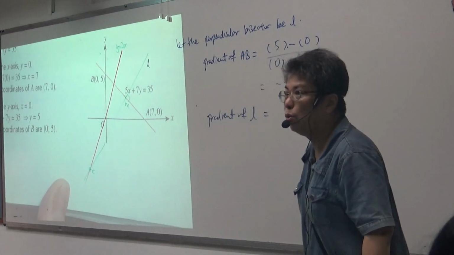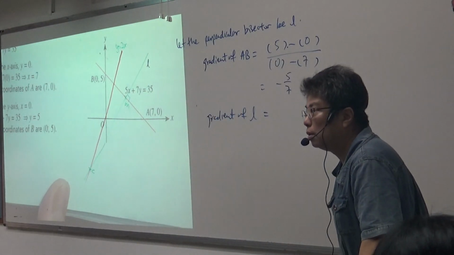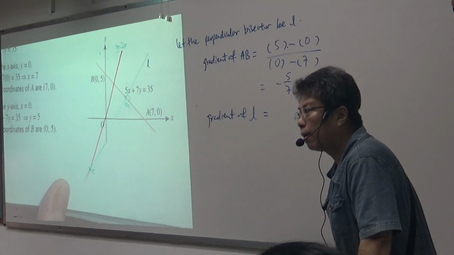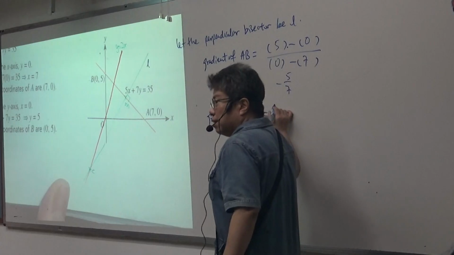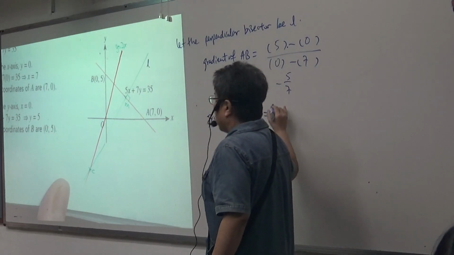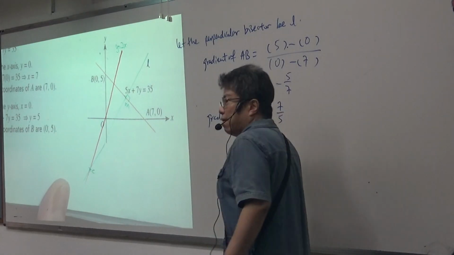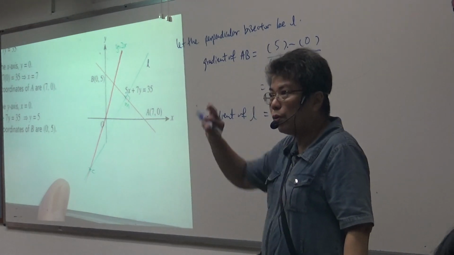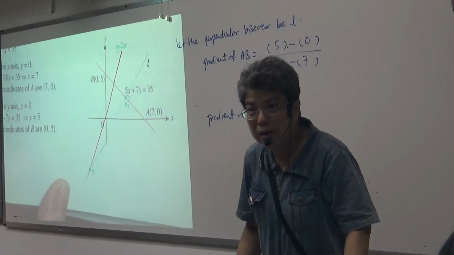It is perpendicular to it. 5 over 7, then this one becomes 7 over 5, right? You flip and you negative it, remember?